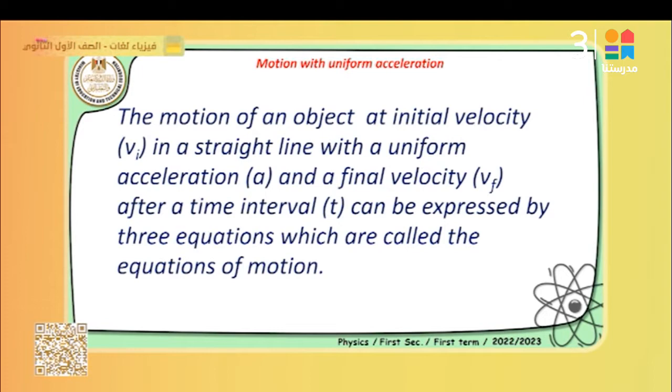So, to study or explain the motion of an object that moves with a uniform acceleration, which means this object has initial velocity and a final velocity. And this change in the magnitude happens in a determined time or a definite time.